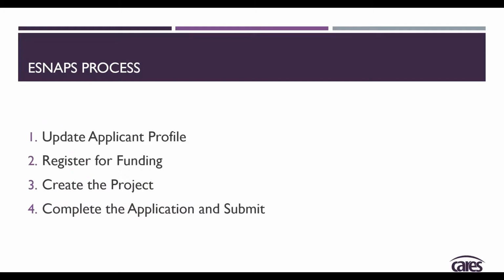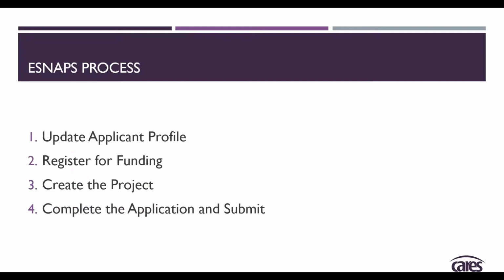So the biggest issue that folks find in using eSnaps is that if they skip a process, they can't move on, right? So there are 4 processes within eSnaps, and your left-hand toolbar follows those processes. So first you have to update your applicant profile. Then you need to register for the funding.